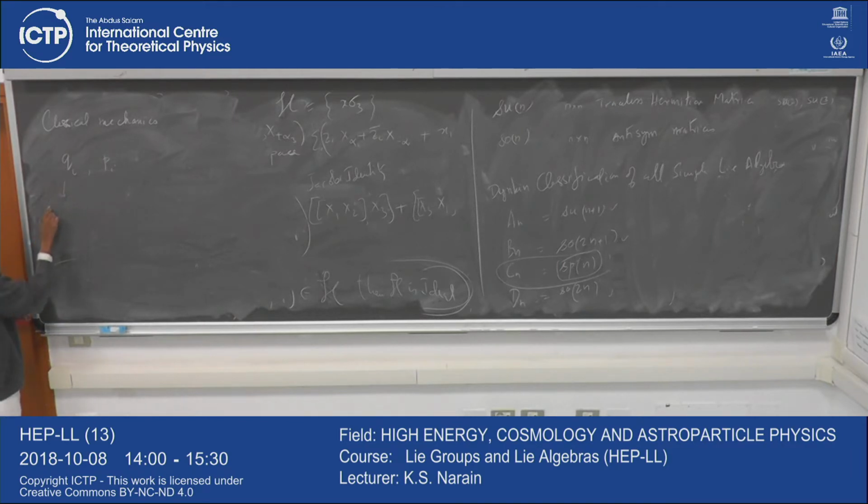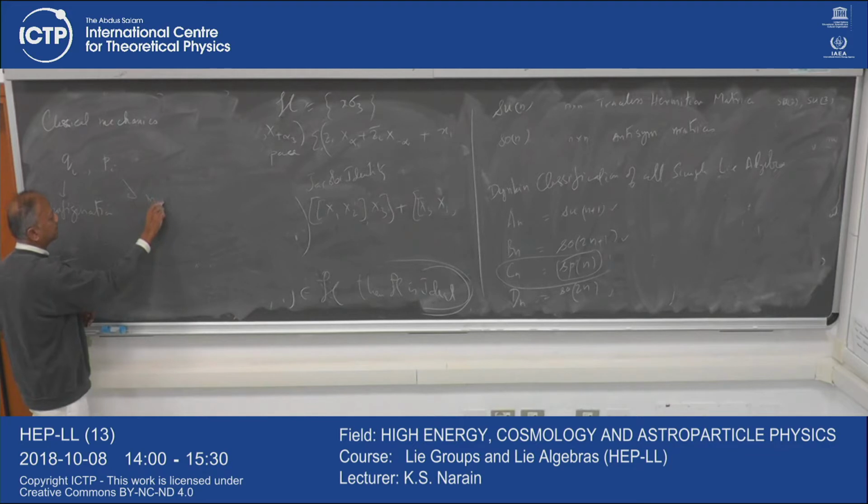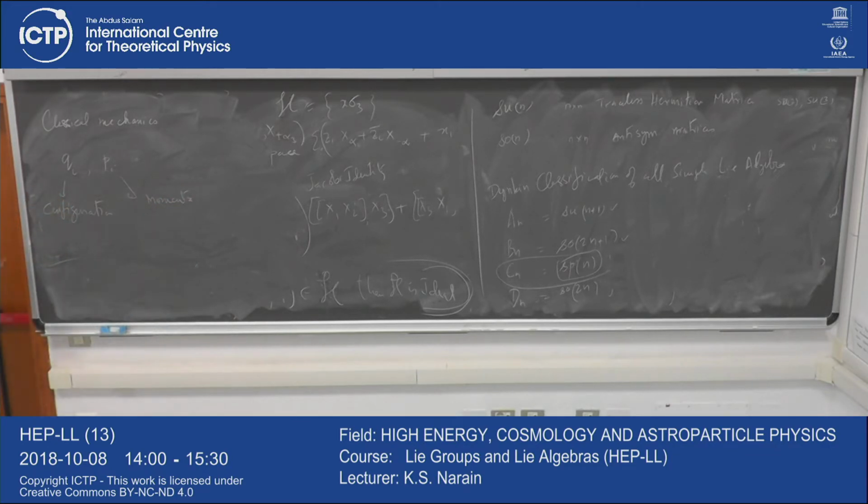So these are the configuration variables, and these are the momenta. Think of a particle moving in some space. The q's are the positions of the particle, with i labeling the dimension of the space in which it is moving, and pi are the momenta.